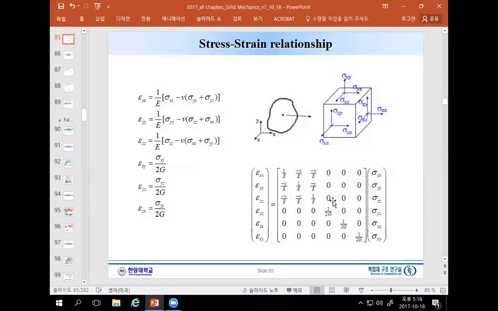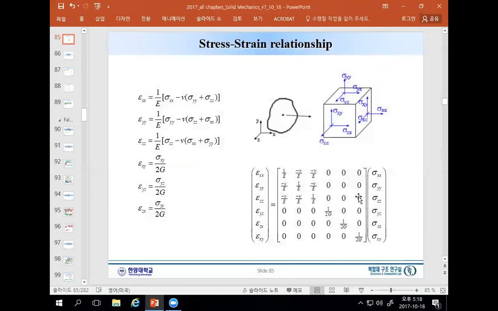But in bar, beam, and shaft, we only have one dimension here, this and that. That is for the bar, beam, and shaft. But in general, we have a 3-dimensional body.